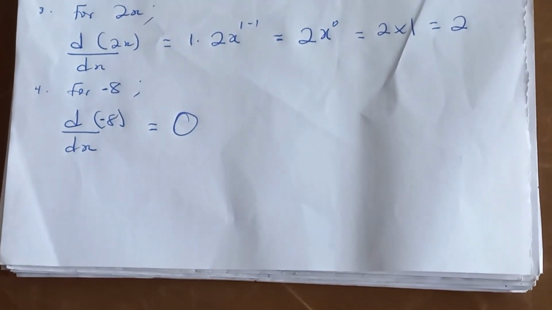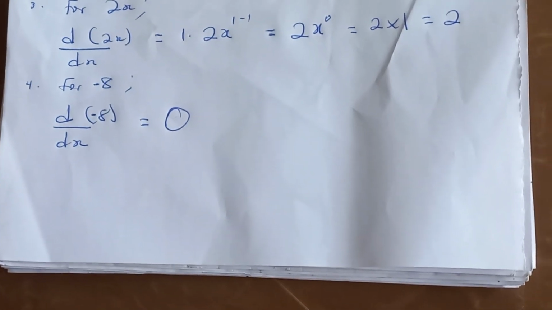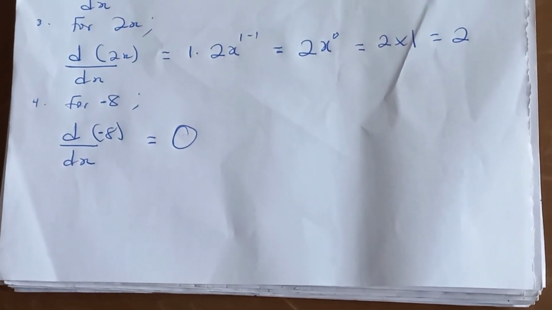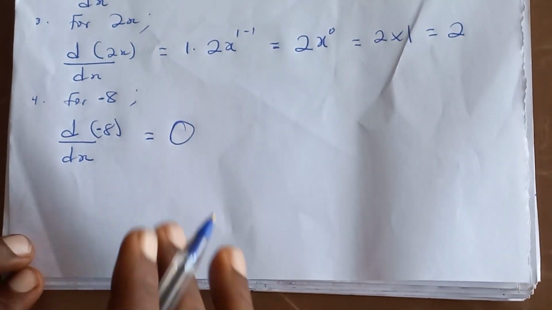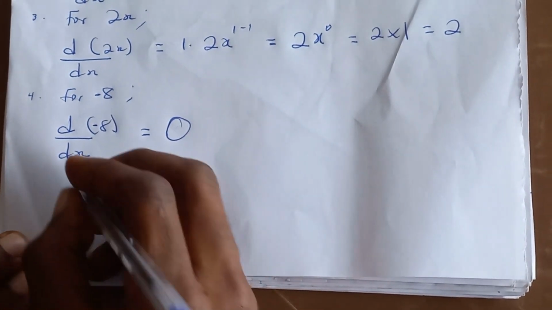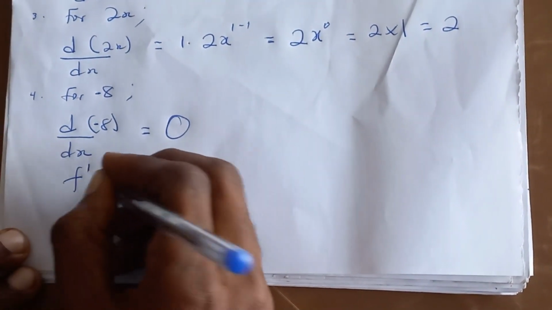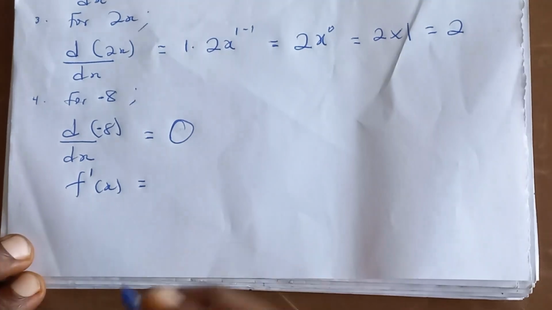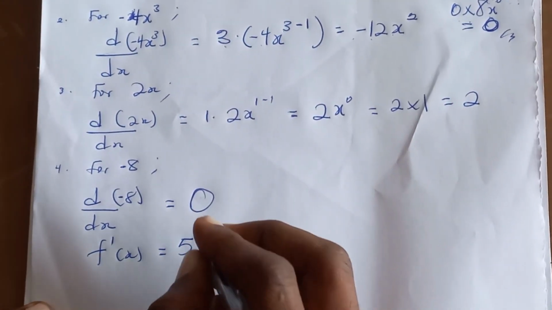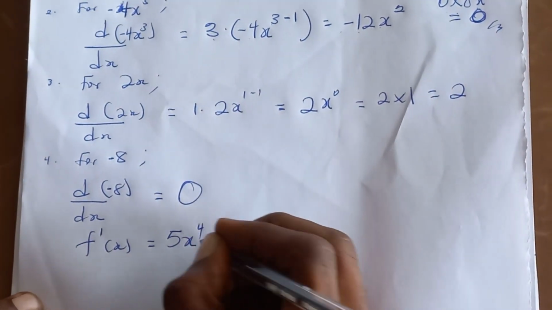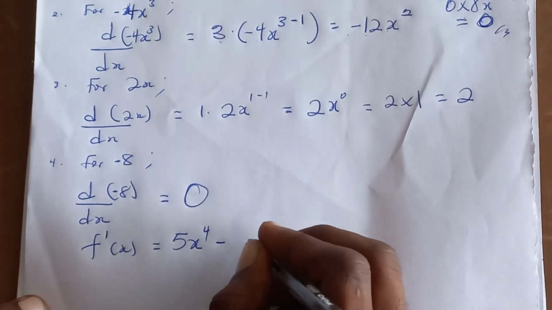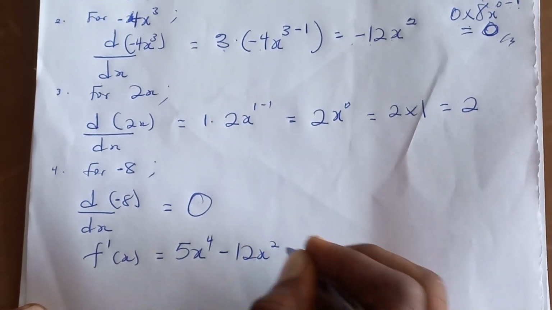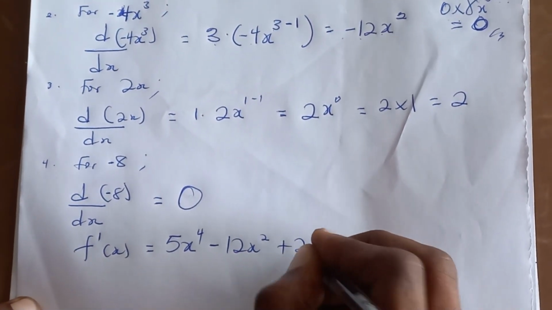Good. So let us put everything together. Putting everything together, we are going to get f prime of x, which is equal to 5x power 4 minus 12x squared plus 2.